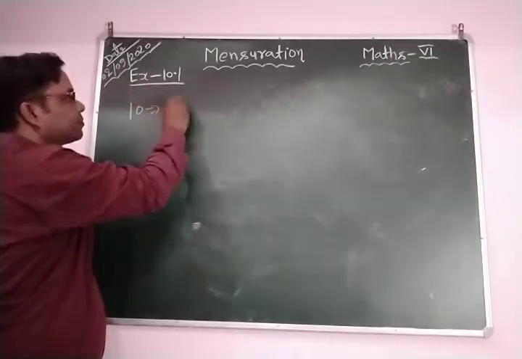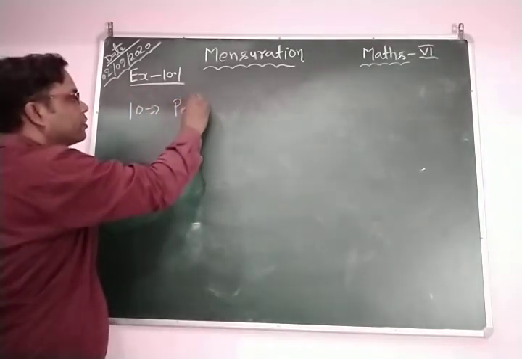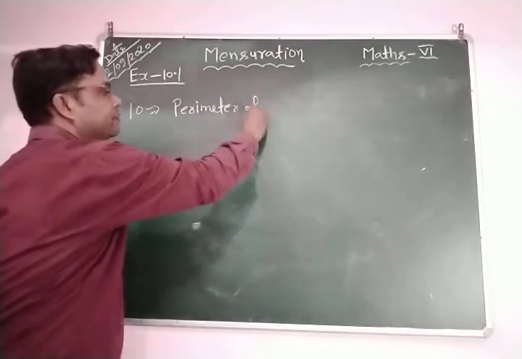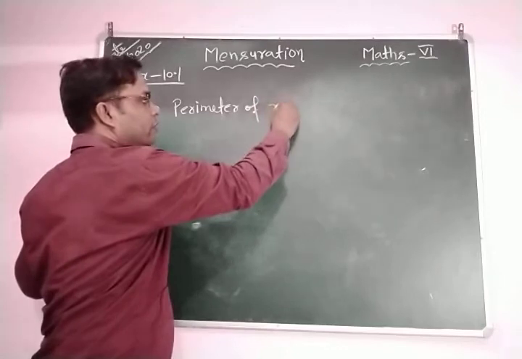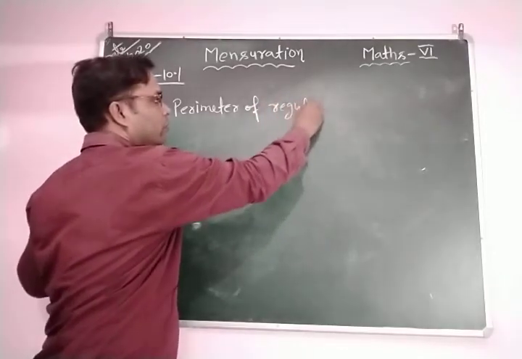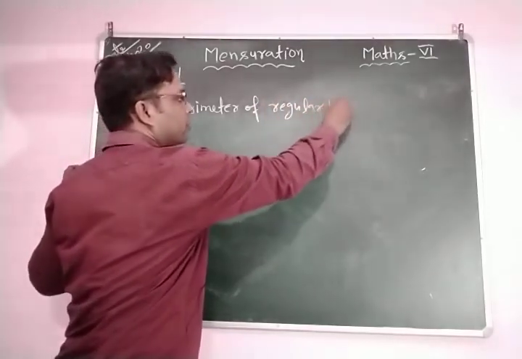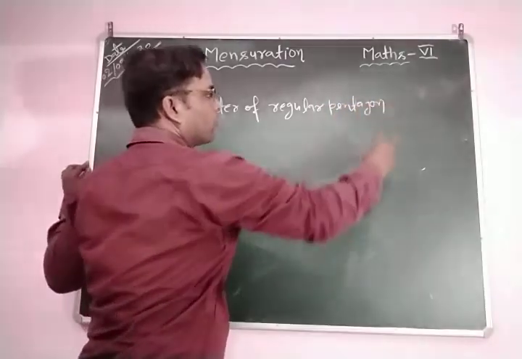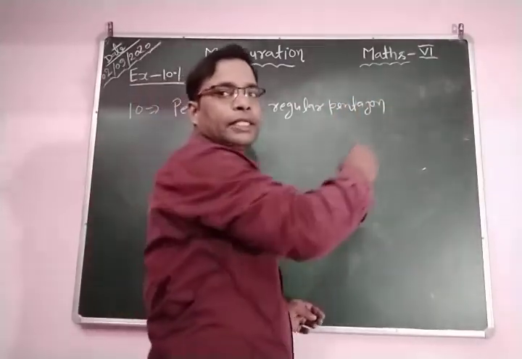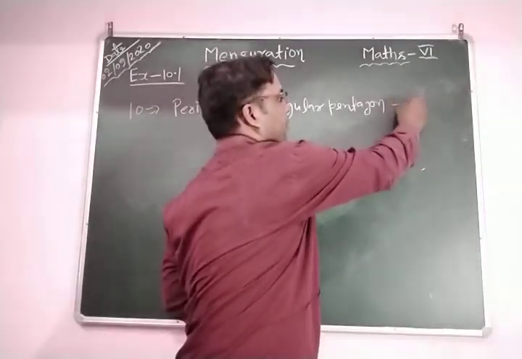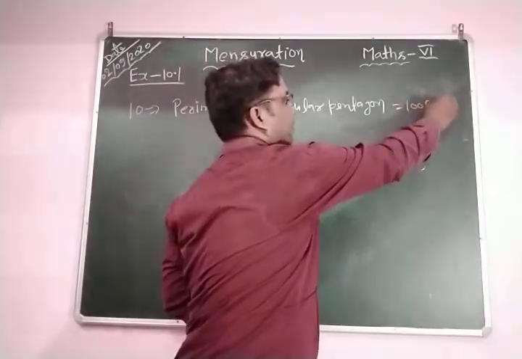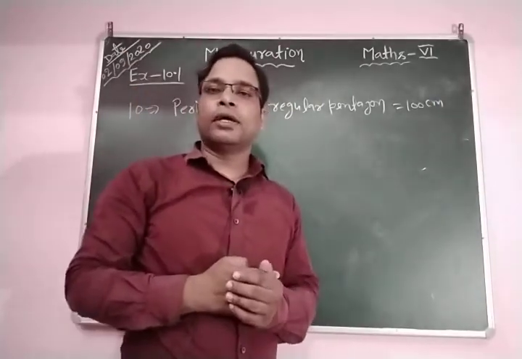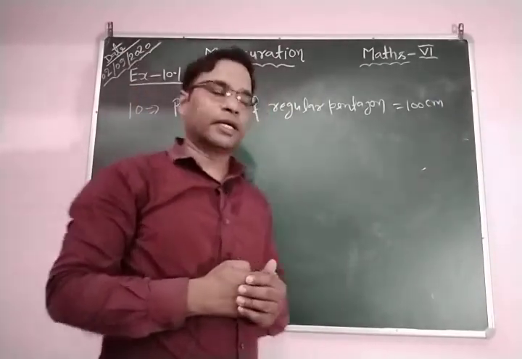The given perimeter of the regular pentagon is 100 centimeters. What we need to find is a side of the regular pentagon.